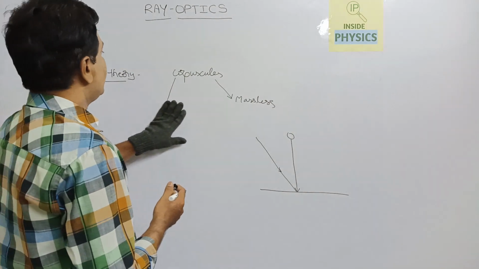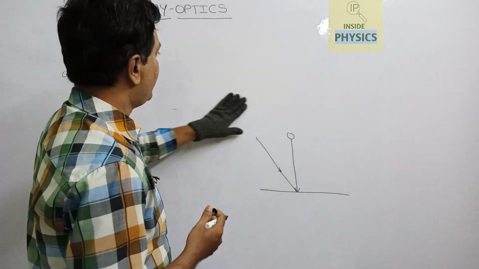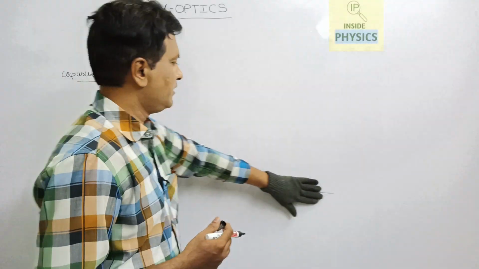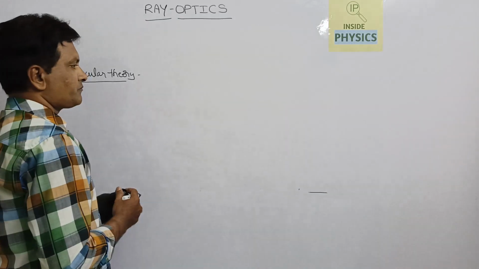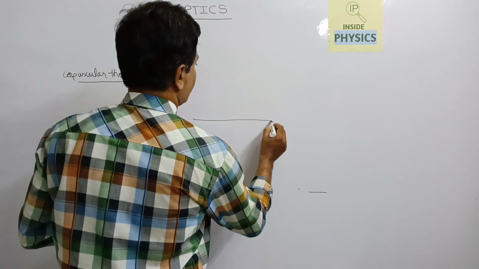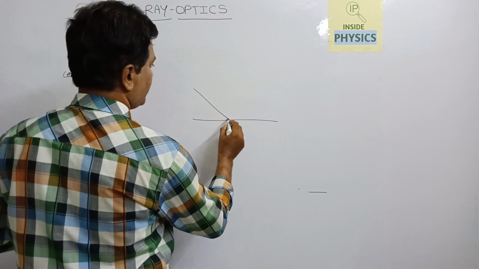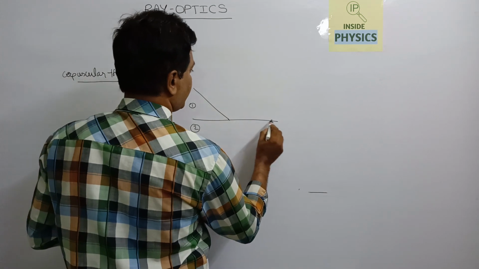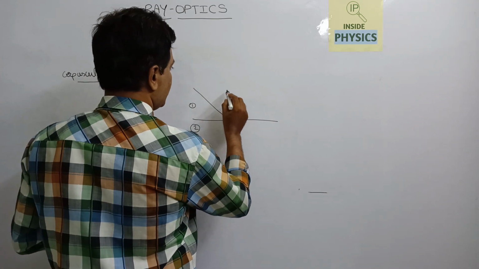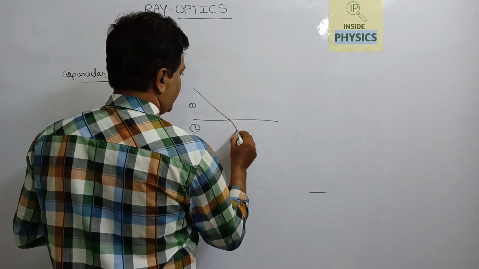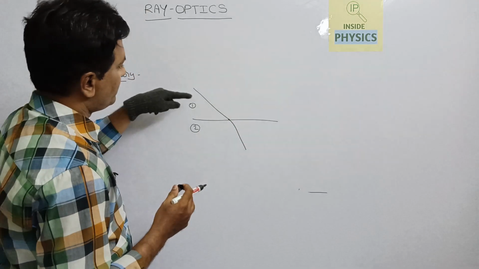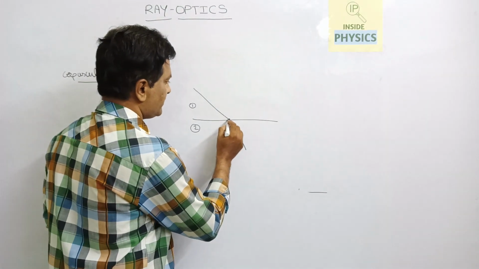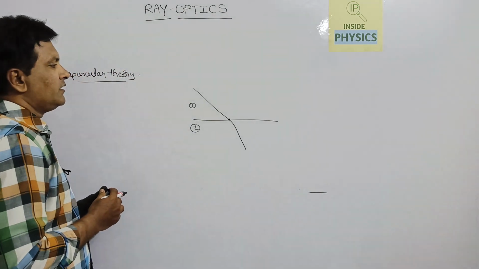After that, he tried to explain the refraction process based on this same theory. Refraction is the bending of light whenever it touches an interface between two mediums. If this is an interface between two mediums, a light ray is incident here.